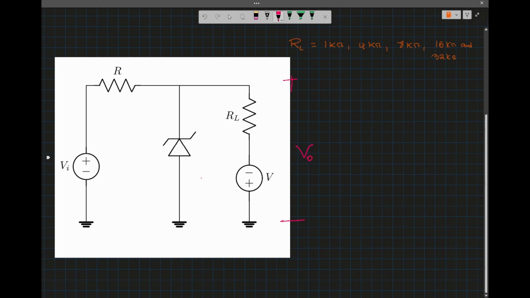So let this voltage V equal 4 volt, and VI also equal to 4 volt. The resistance R would be 4 kilo ohm.